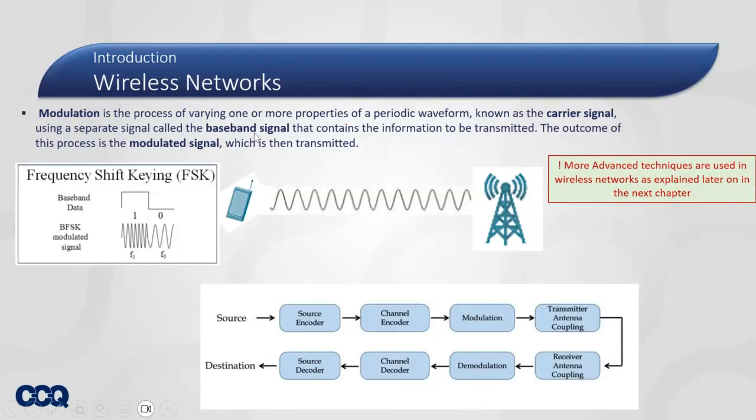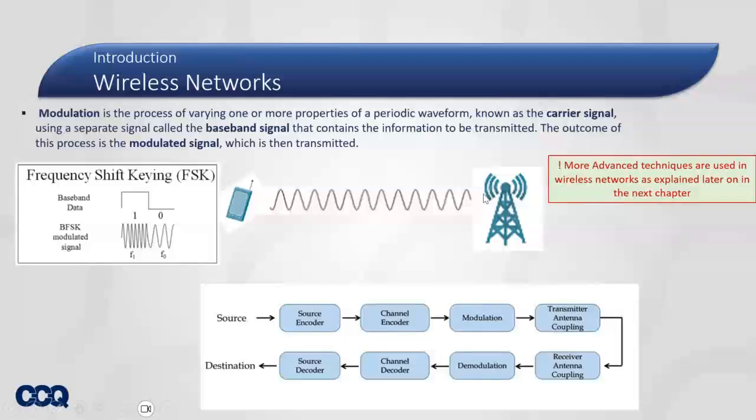The baseband signal is of low frequency. The baseband signal is the original signal which contains the information to be transmitted. This baseband signal, like the one here, which consists of 1, 0 and 0, cannot be transmitted from transmitter to receiver.